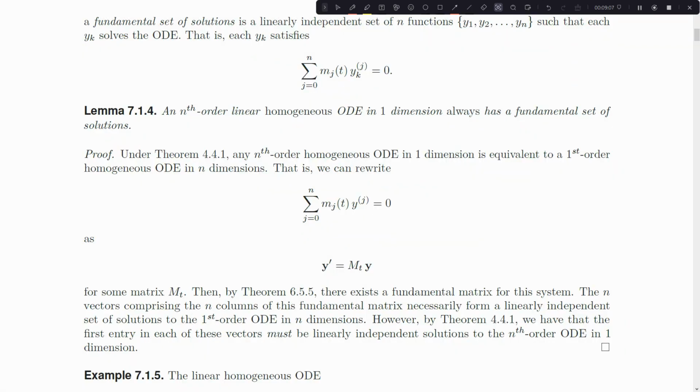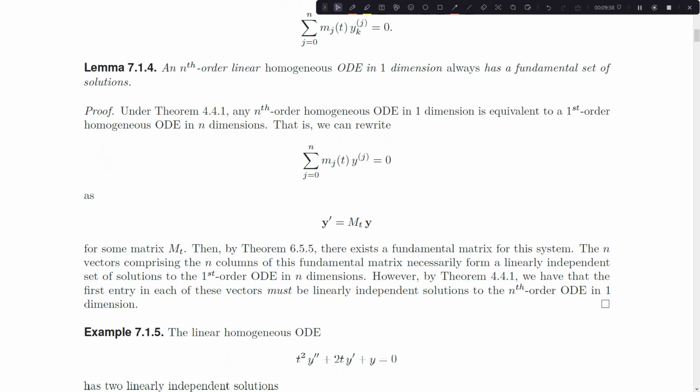I shouldn't really say that the n vectors themselves, it's the first entry of the n vectors that forms the linearly independent set. So that's how you can find it in an alternative manner. So there's lots of reasons that we can guarantee this exists.